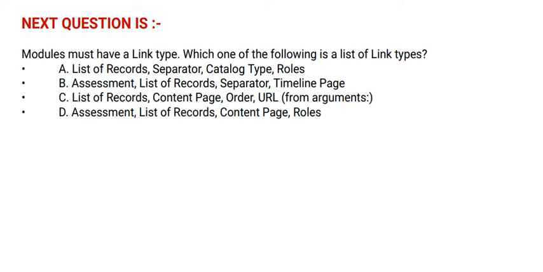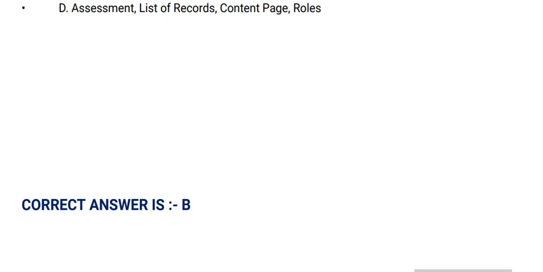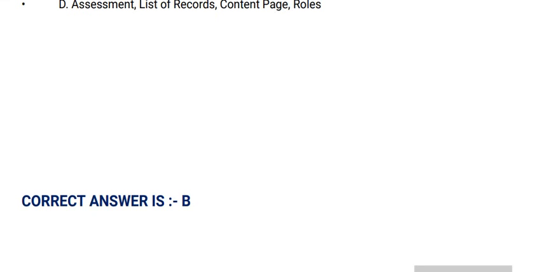Option C, list of records, content page, order, URL. And option D, assessment, list of records, content page, roles. And the correct answer is option B.